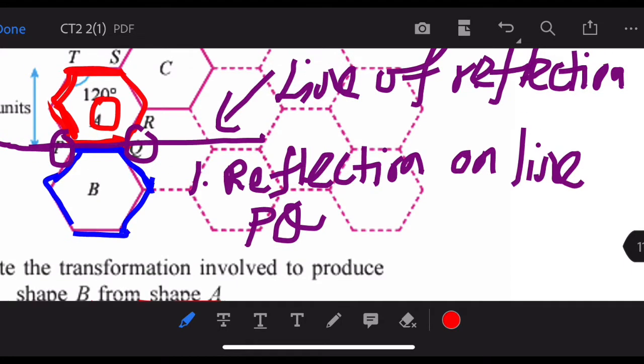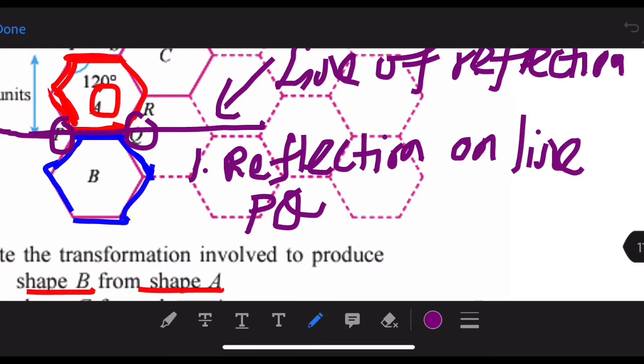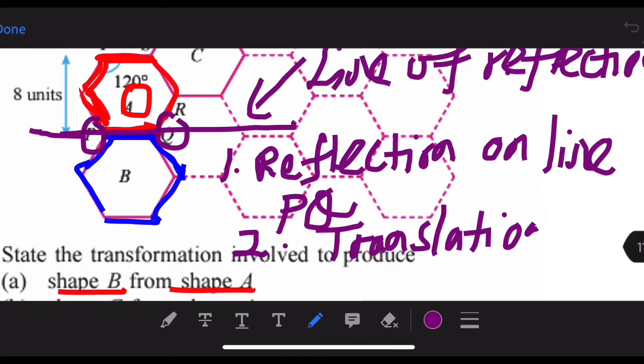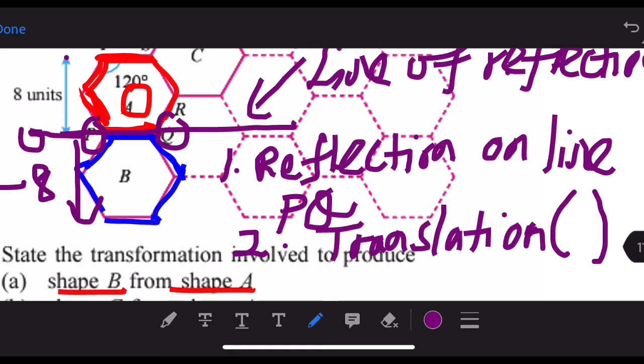So we can transform the object A to image B by translation, right? Since this is 8 units, you see or not, this is 8 units, so here also 8 units, so it's minus 8, this is 0. Translation, we can say along the y-axis is (0, -8).